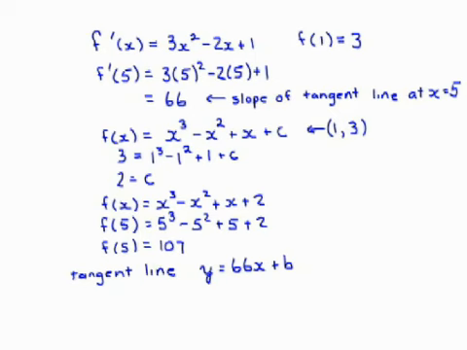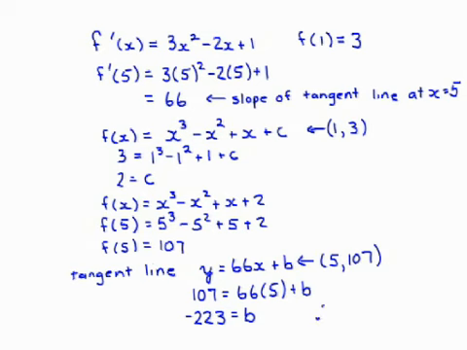I know that this tangent line touches the curve at (5, 107). So I substitute 5 in for x and 107 in for y, and by doing so I can find my y-intercept for my tangent line, and I find it to be negative 223.